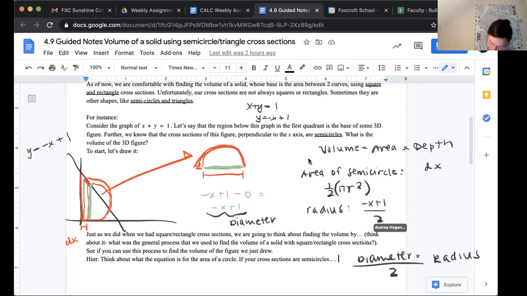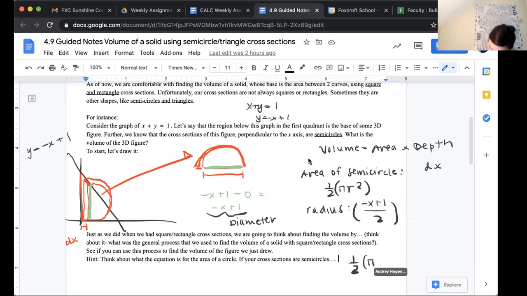Okay, so we have our radius now, and we can plug that into our equation for the area of a semicircle. So it's going to be 1/2 pi times r, which is negative x plus 1 over 2, squared. And then our depth is dx.